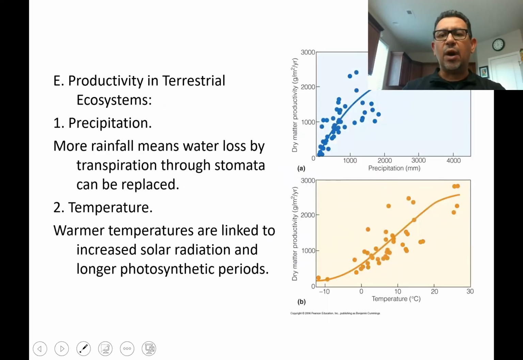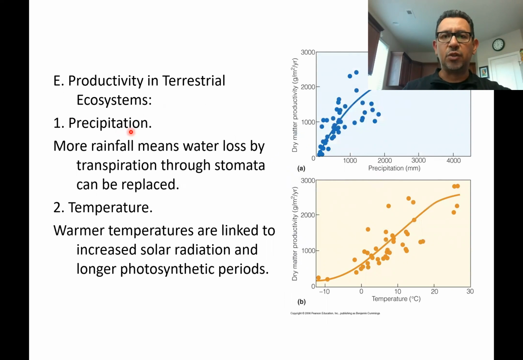Just one more idea here that I wanted to mention is productivity in terrestrial ecosystems is going to be the result of other factors. So for example, here on land, we have to worry about water available in the soil. And that water available is going to be provided by processes of precipitation.